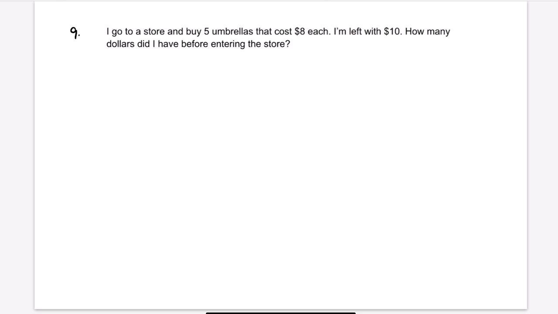Now, I go to a store and buy 5 umbrellas that cost $8 each. I'm left with $10. How many dollars did I have before I entered the store? That's the question. So I buy 5 umbrellas which cost $8 each. So I spent $40 to buy those 5 umbrellas.